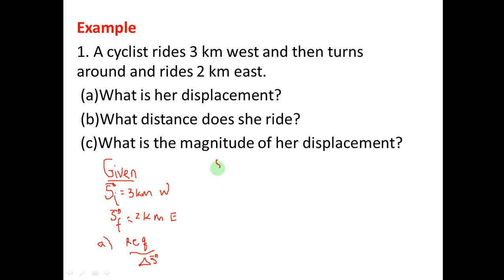Our solution will be, as you know, change in position, or displacement, is equal to final position minus initial position.